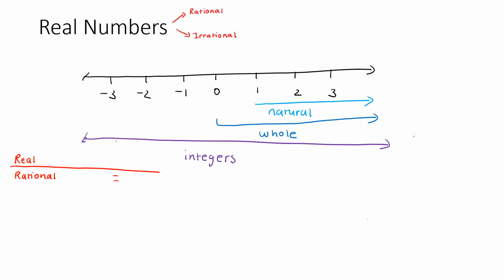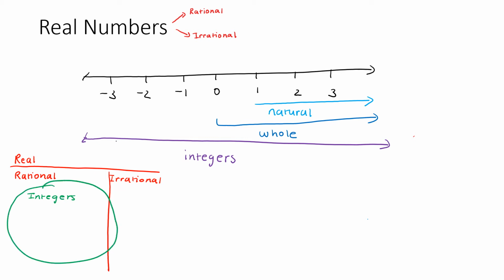Under rational, we have integers, and I'm going to make that a big green circle. Now after integers comes whole numbers, so for that, I'm showing a blue circle. And then within whole numbers are our natural numbers.